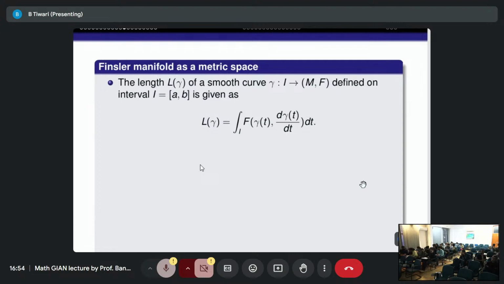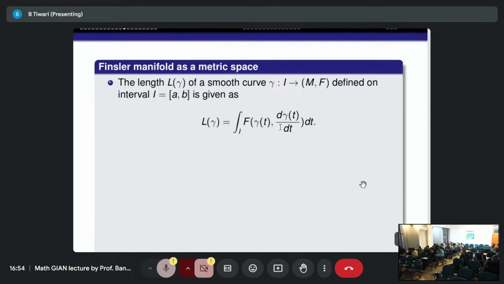Now, the advantage of defining this Finsler metric is that, as I said in the first slide, we wanted to compute the length of a curve, and now you can define it. The length of a curve gamma defined on some interval I is given by this formula.